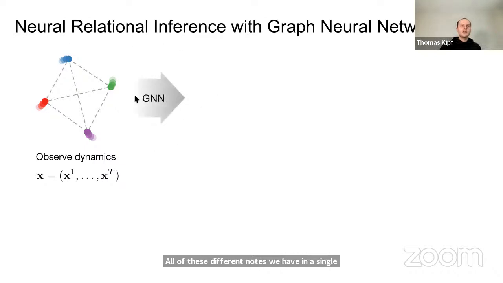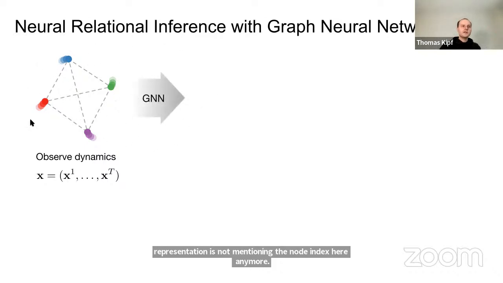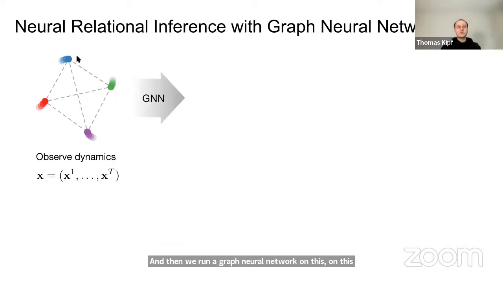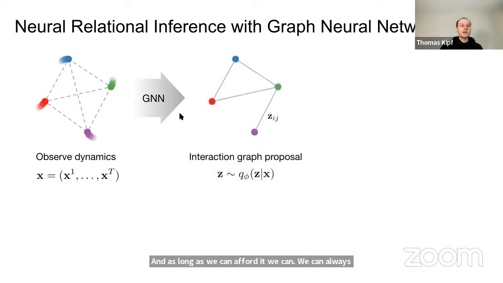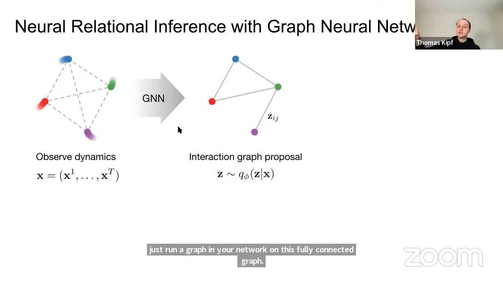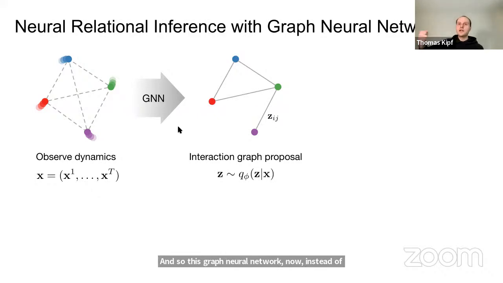Then we run a graph neural network on this representation. But the important thing is, because we don't have a graph, we take a fully connected graph. We just say everything is potentially connected to everything. And as long as we can afford it, we can always just run a graph neural network on this fully connected graph.